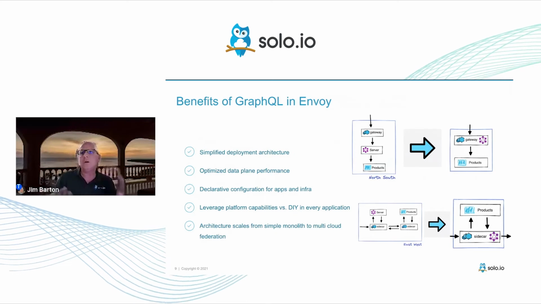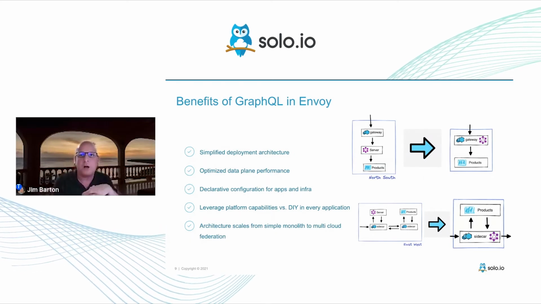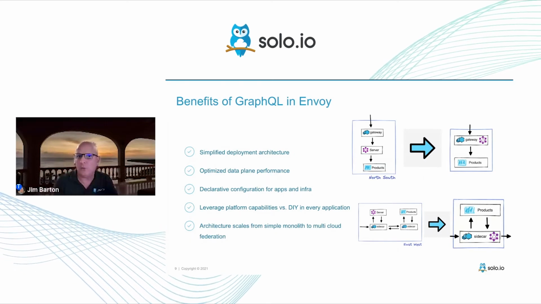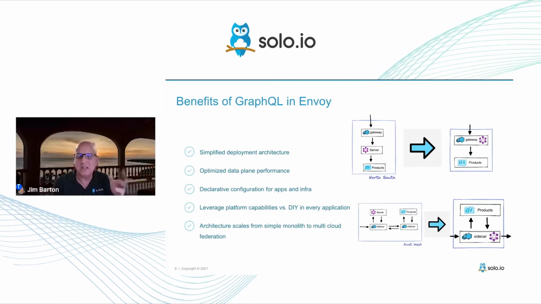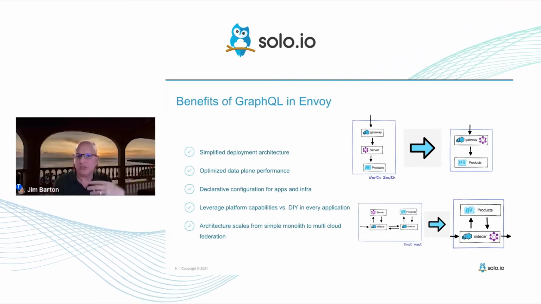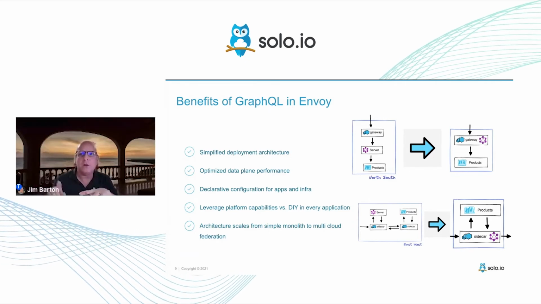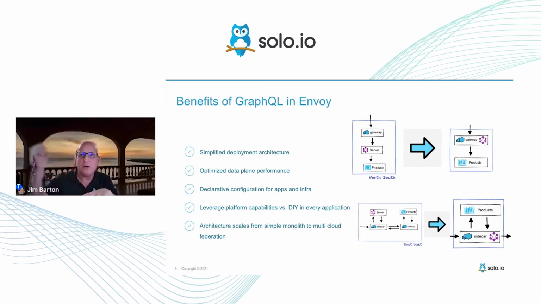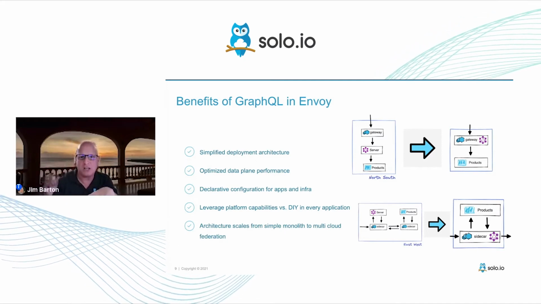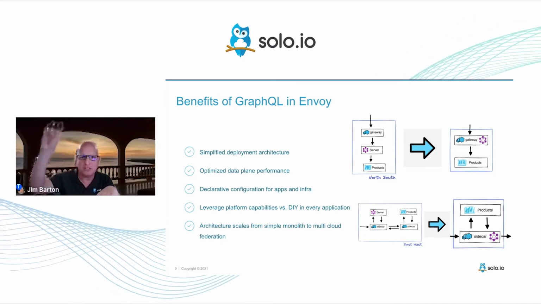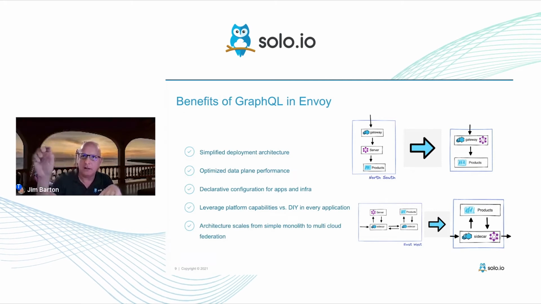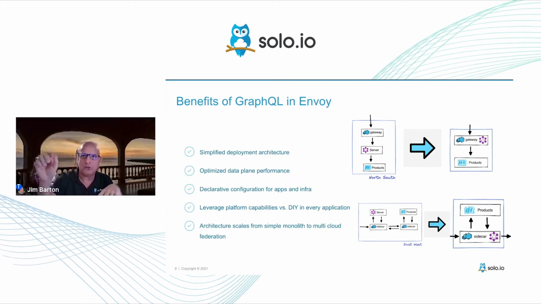And so what does this lead to? Well, if you look at the top diagrams there, it leads to a simplified deployment architecture. And this is one of the things that our customers have told us that they like about this solution very much. Currently, they look like the diagram on the top left there, where I've got these multiple boxes I have to manage, right? I've got my standard gateway, plus I have a dedicated GraphQL server.